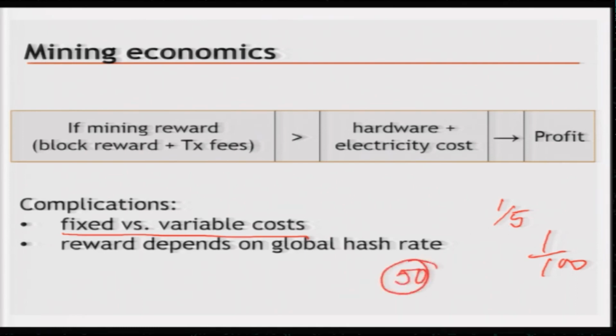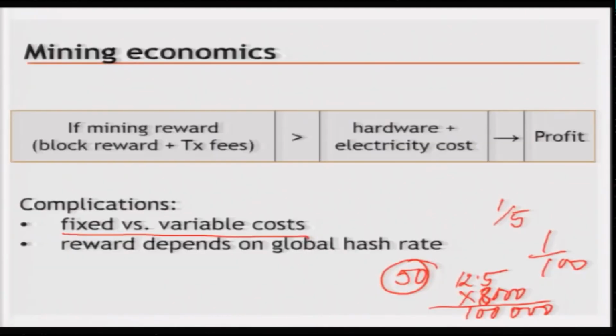So, in 50 minutes, if you can win 12.5 bitcoins, and each of them let us say costs $8,000, you are talking about $100,000 in 50 minutes. So, if you can win $100,000 in 50 minutes, then you have to see that to obtain 1/5 of the hash power, how much hardware you have to invest in, how much will be your electricity cost over a period of 50 minutes and cooling cost over a period of 50 minutes, you will subtract this.